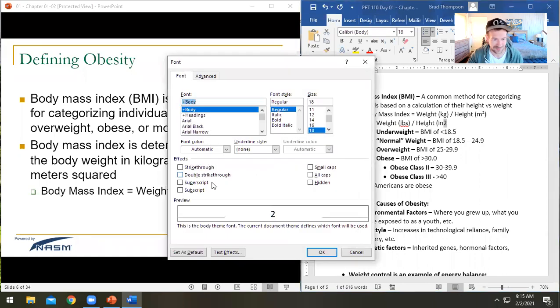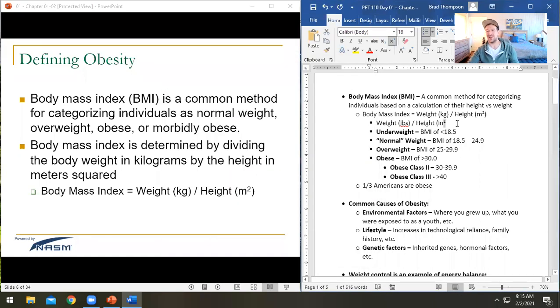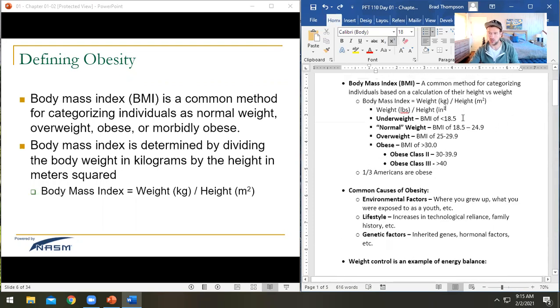It is your weight in pounds divided by your height in inches squared, and then you multiply the entire thing by 703. So if you are interested in doing our silly American version, because we're the only country that doesn't use metric: weight in pounds divided by height in inches squared times 703.